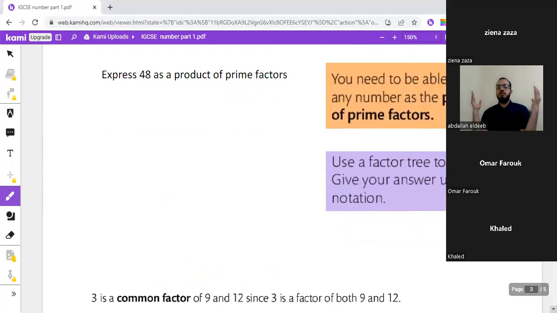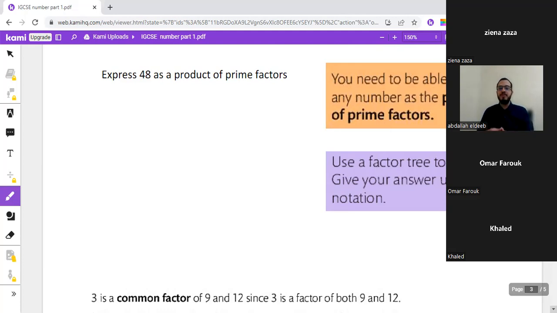So, guys, why do we study the prime numbers? Because we use the prime numbers to calculate the LCM and GCF. The LCM is the lowest common multiple. GCF, the greatest common factor.